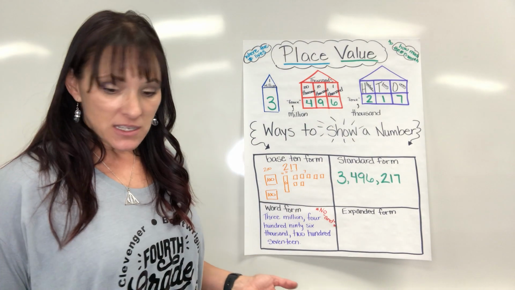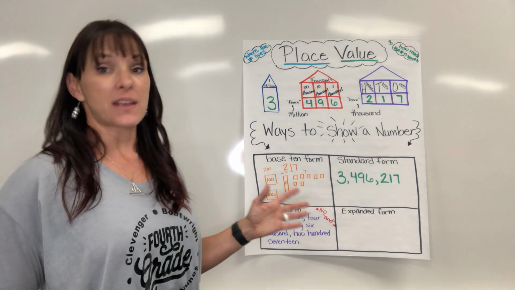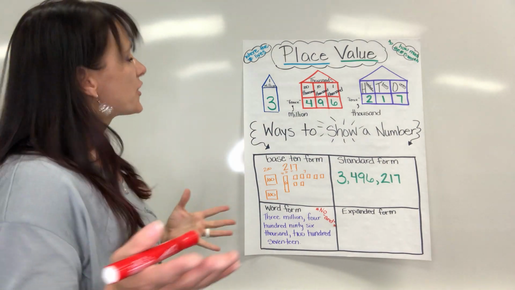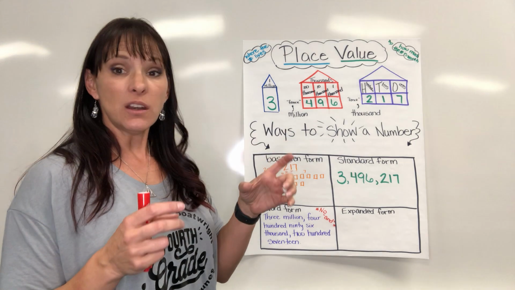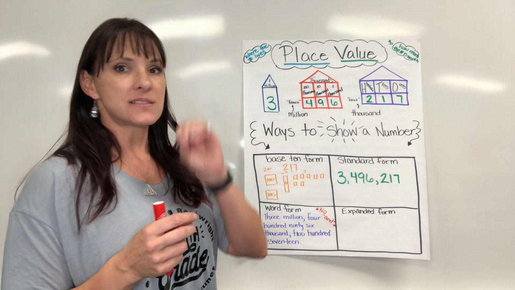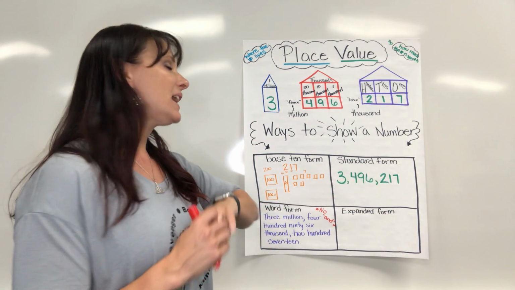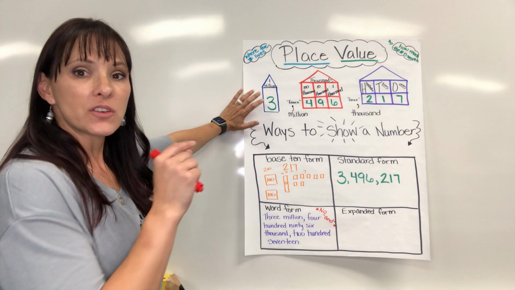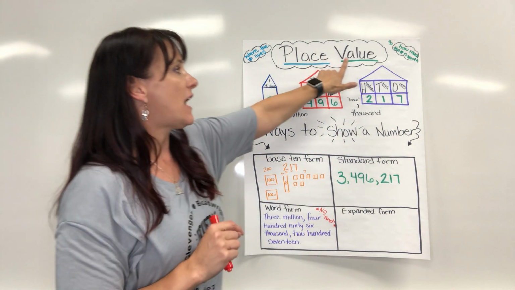All right, so expanded form, that one for this number is going to be really big because now we have to take each digit. Okay, and you guys remember from 3rd grade that any digit, we have 10 digits, 0 through 9. And those 10 digits make any number that you can possibly think of. So where you put your digit when you write a number will determine its value.